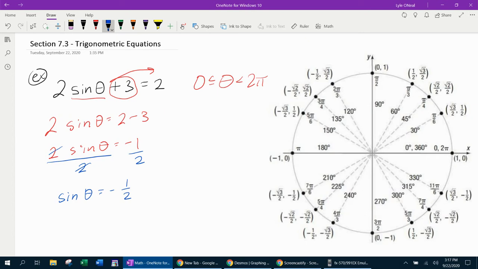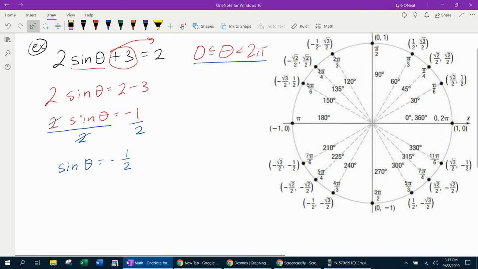So if we're looking for solutions on the interval from 0 to 2 pi, what we need to do now is go to the unit circle and find all of the angles theta that have an ordered pair with a y-coordinate of negative half. Okay?